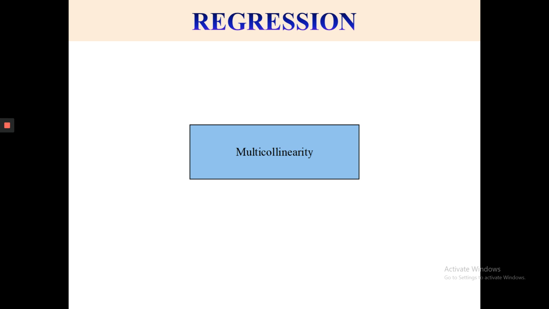It can result in several problems, which include that the partial regression coefficients may not be estimated precisely, the standard errors are likely to be high, and the magnitudes as well as the signs of the partial regression coefficients may change from sample to sample.